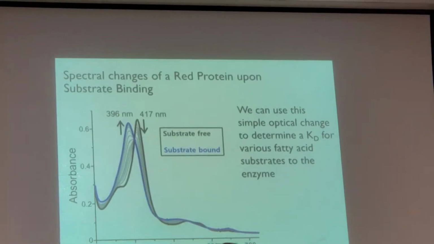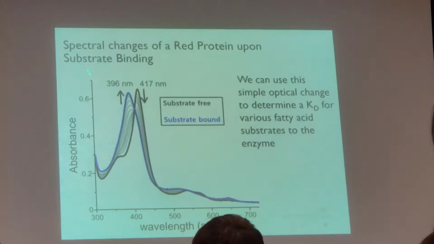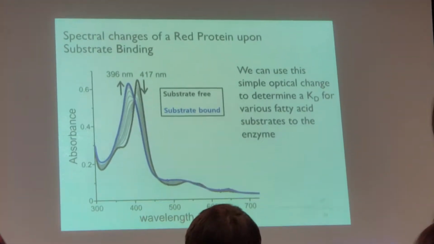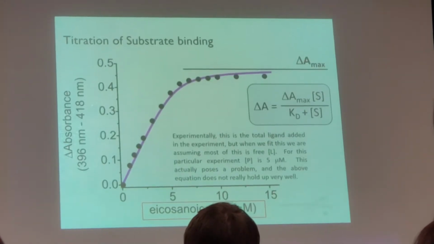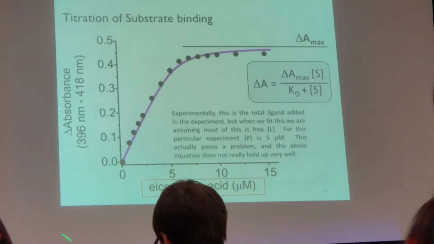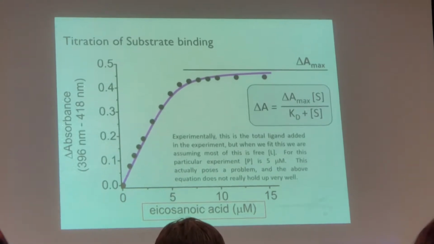So this is a really easy optical spectrum that I can take. All I have to do is titrate my ligand, and I should get some spectroscopic response. Hopefully, he should be able to get a KD out of it. All right, so he did. He plots the change in absorbance as a function of fatty acid. This is just a C20 K-1 fatty acid, it doesn't really matter.